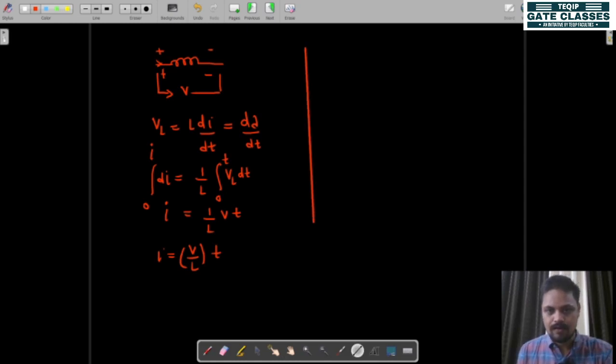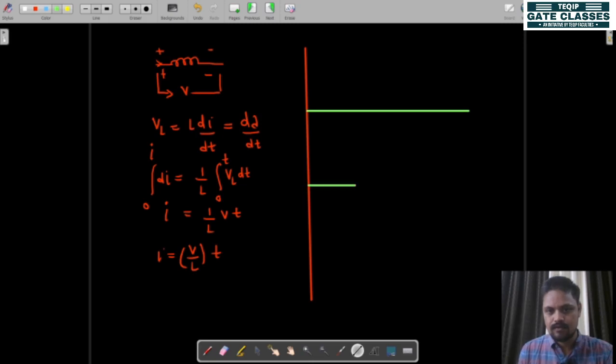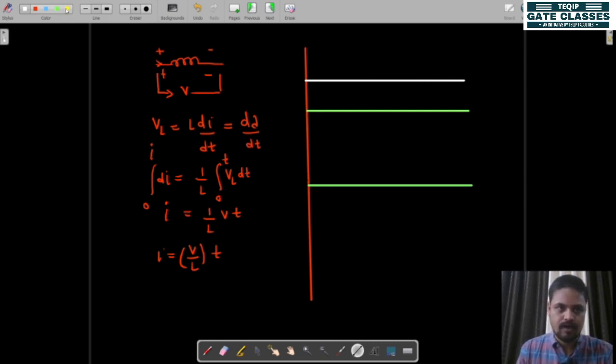If you plot this curve, you will see that if the voltage is like this, then the current is going to be like this.